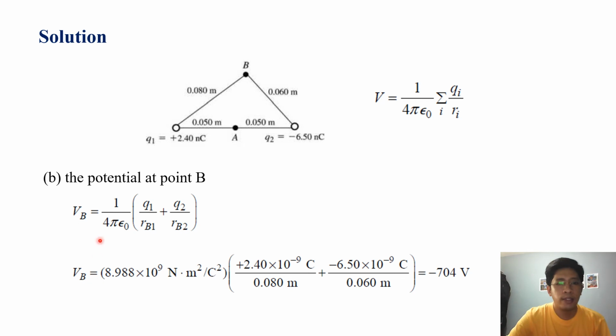For your VB, you have 1/4 pi epsilon naught, which has this value, times your Q1 divided by 0.080 meters plus your Q2, negative 6.50 times 10 to the negative 9 coulombs divided by 0.060 meters. And using your calculators, we get an answer of negative 704 volts. So this is the potential at point B.